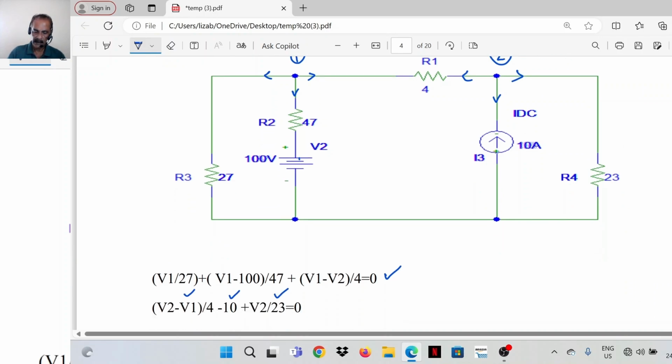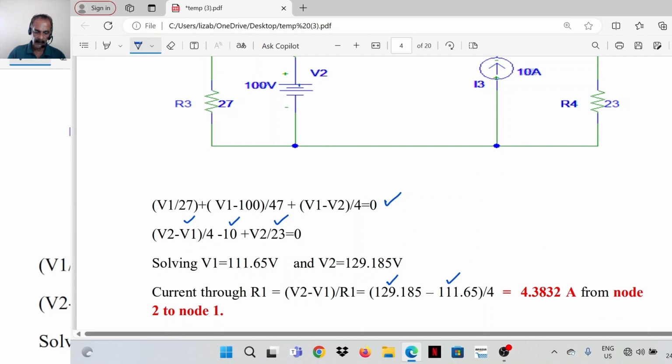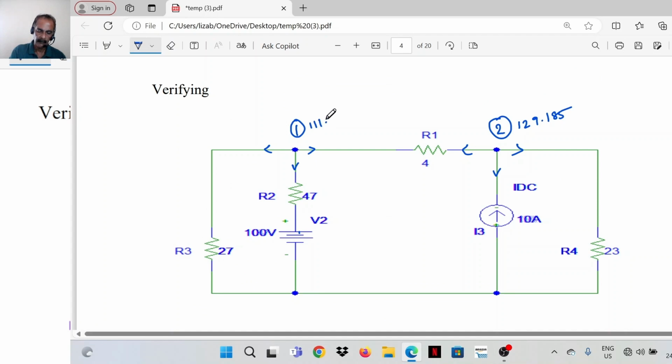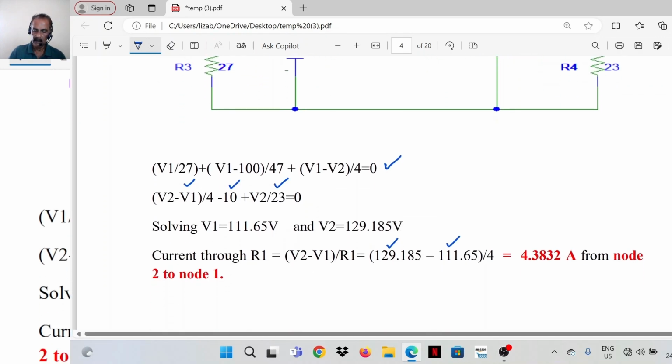That is (129.185 minus 111.65) divided by 4. That is the net current, equal to 4.3832 ampere from node 2 to node 1.